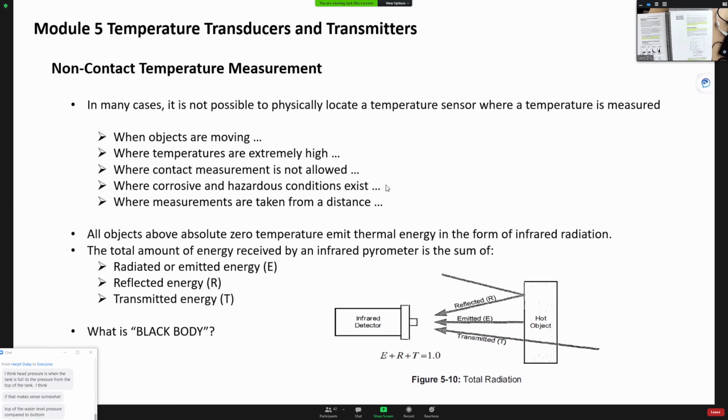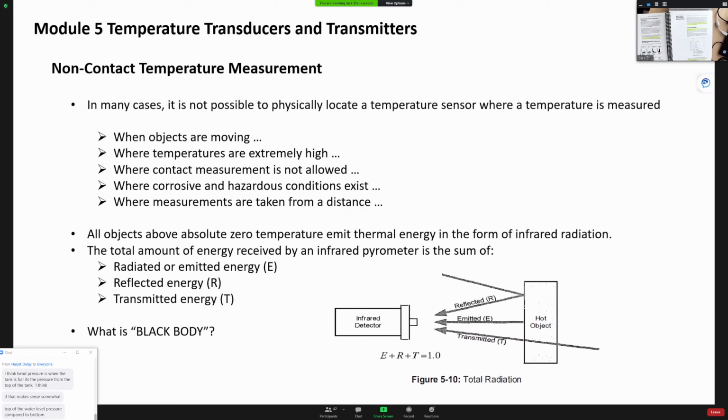It's for all the reasons it could be. But it said all objects above absolute zero temperature. The absolute zero temperature is what we call negative 273 point some degrees Celsius, or usually they have a temperature scale as Kelvin.